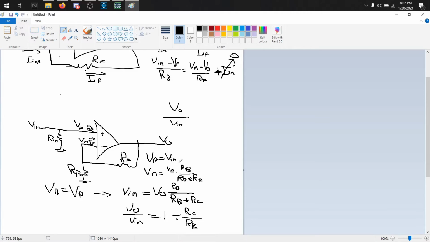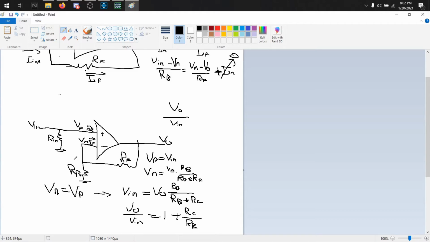So it's right here, because there's nothing else. It's just straight there. Same thing, because there's no voltage across Rn to ground. Just move Vp over here. It's still the same voltage.